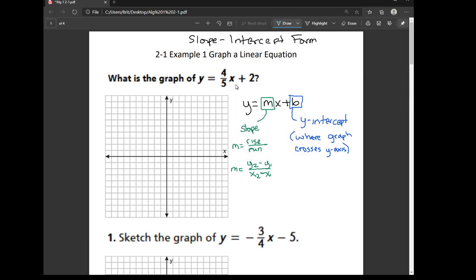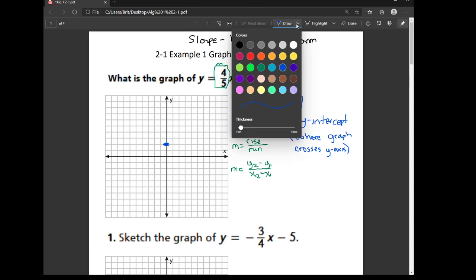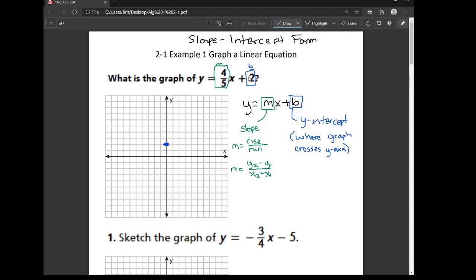So the number here in front of x, or the number multiplying to x, that is our slope. So we'll use that number second. Our y-intercept on this equation is a positive 2. So I'm going to start by going up 2 on the y-axis and putting a point. Once I've graphed my first point, then I can use my slope to find a second point.